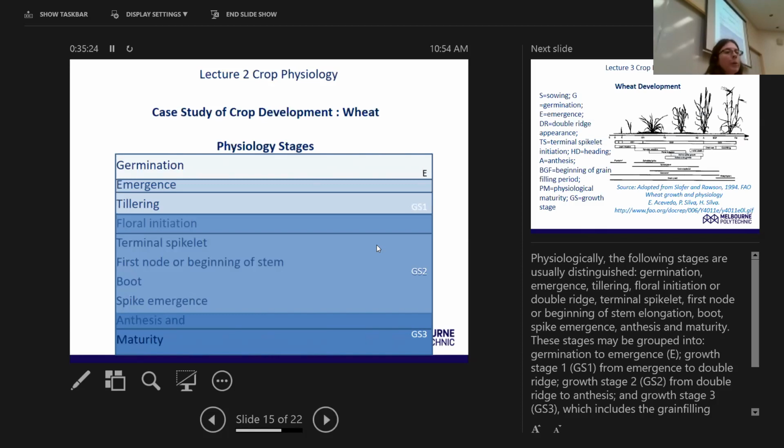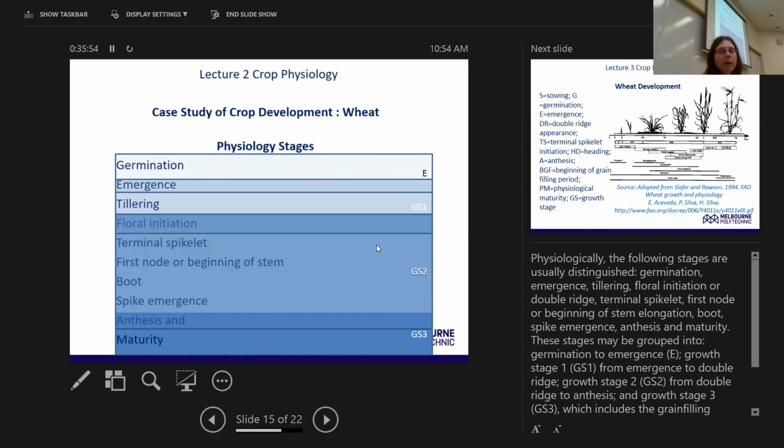This is followed by emergence. Then you have tillering, which is the next stage, and that's where a lot of the green structured growth happens, where the stem is actively growing and you're getting more and more stems and more leaves. Once that wheat plant has hit a certain maturity or gets too much stress, it goes into floral initiation, the start of the flowering process.